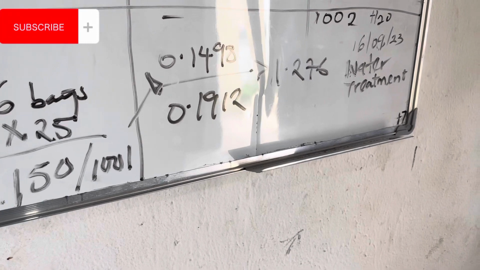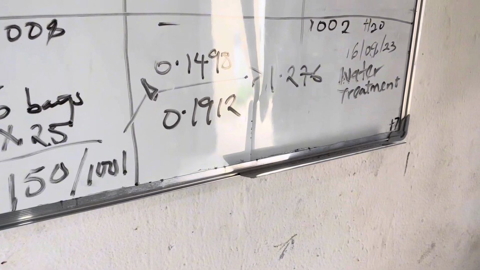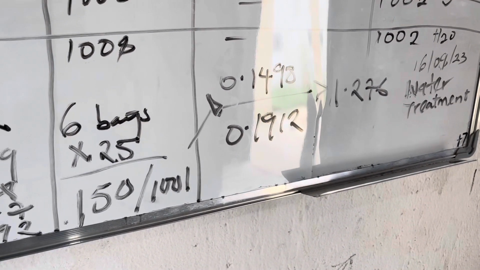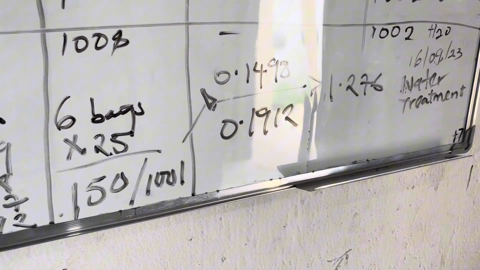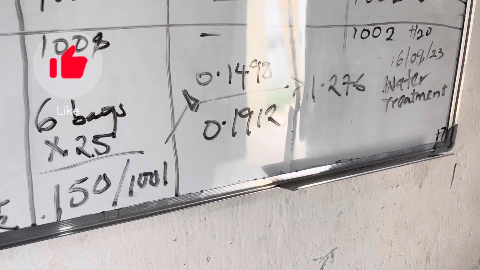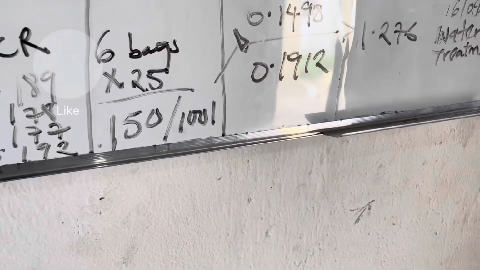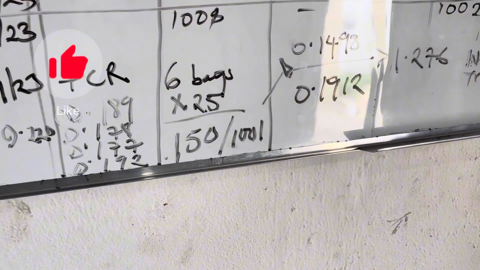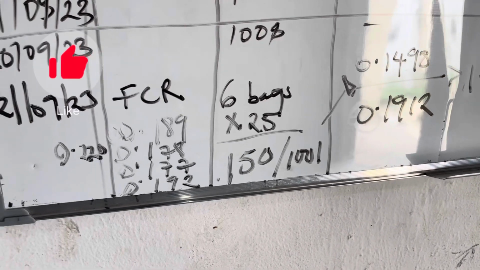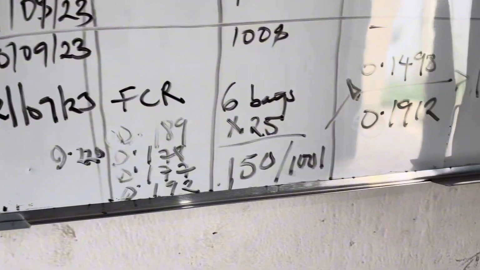Our target is 3 to 5%. A good result is 3% mortality. A fair result is 5% mortality. A bad result is anything above 5% mortality. So that is how to calculate your feed conversion ratio.